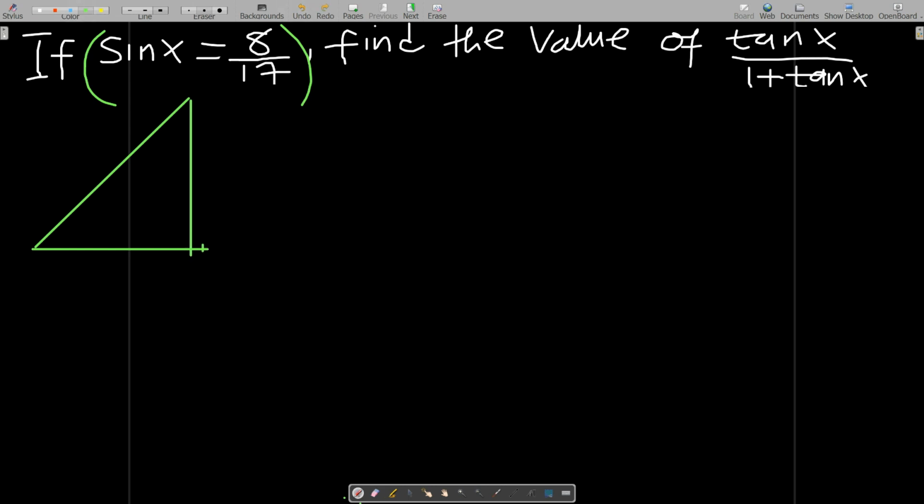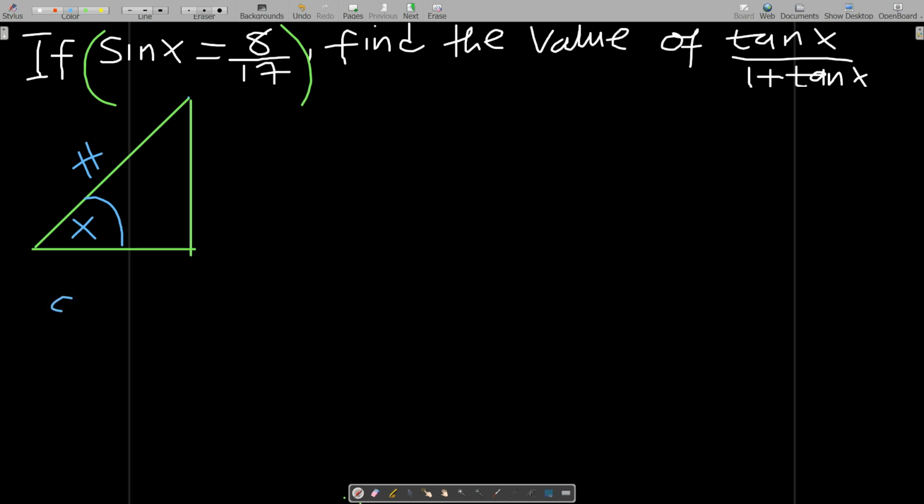So having something like this, let me draw it clearly for you. And let me call this angle x. In a right angle triangle, we know that the longer side is called the hypotenuse, and sine of x, cos of x, tan of x have meanings.